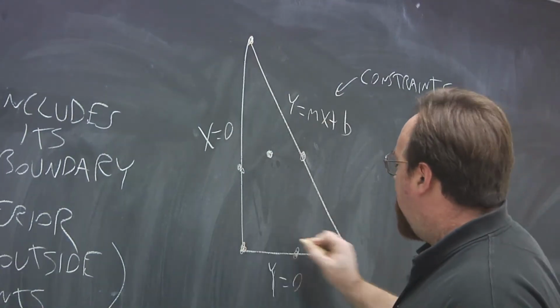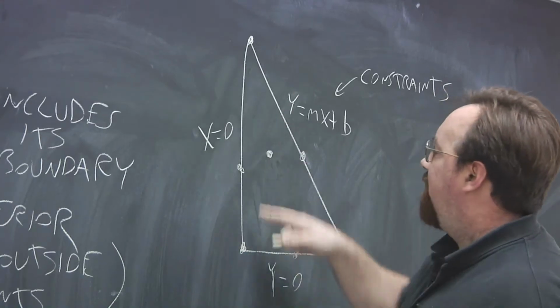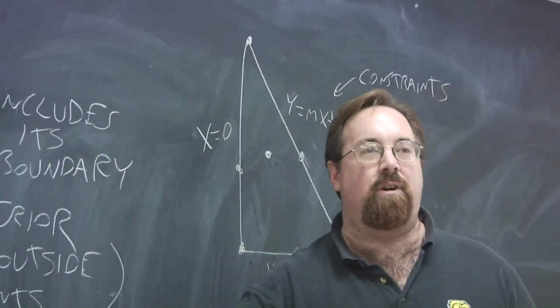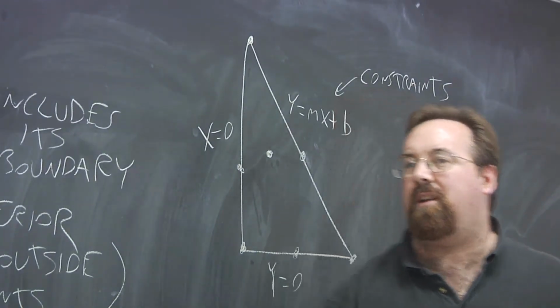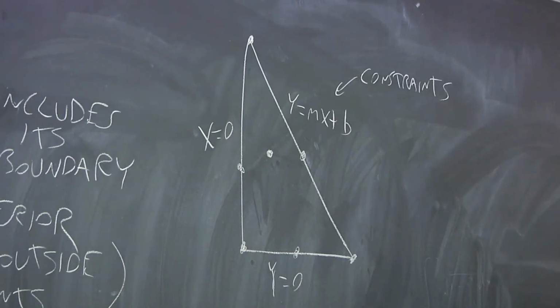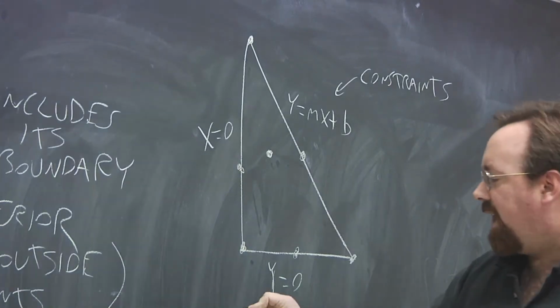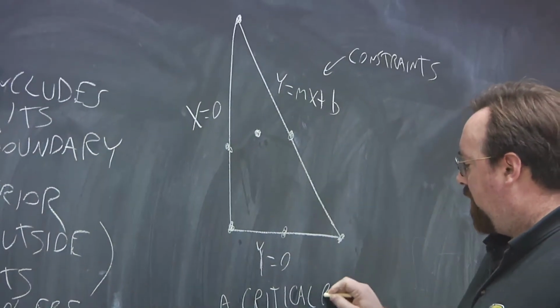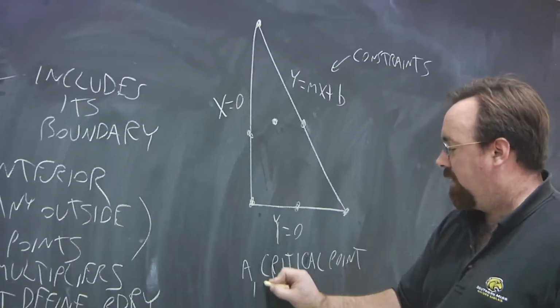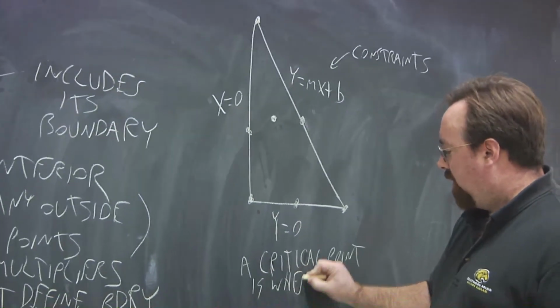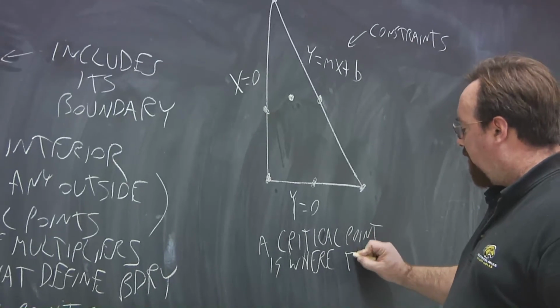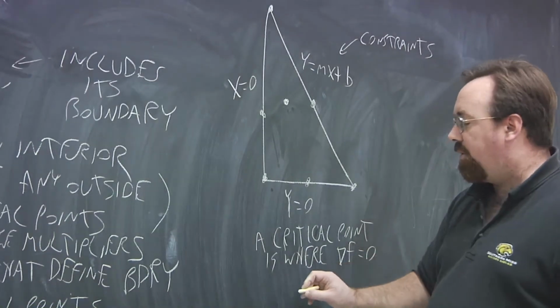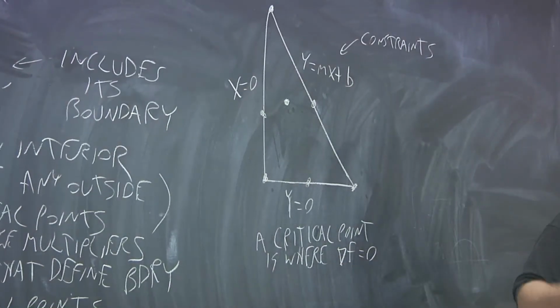Now, it might seem like these vertices are not accounted for by what I've described here, but actually they are. Because you have to remember that a critical point is where the gradient equals 0 or what else? Does not exist.